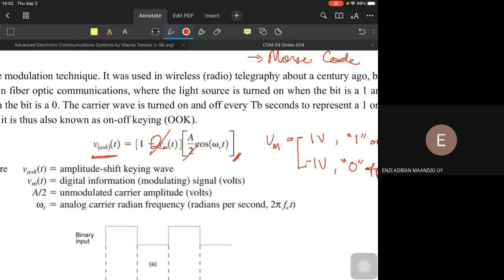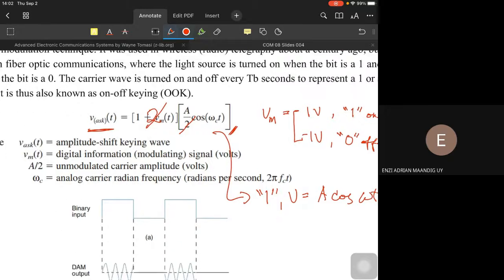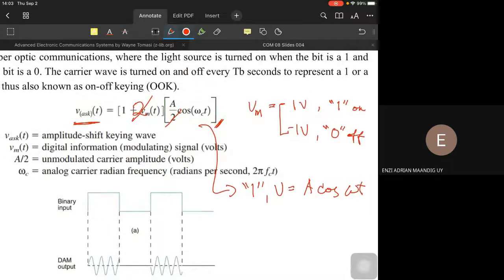The output is, if logic 1, the ASK output is just A cosine 2 pi ft or omega t.